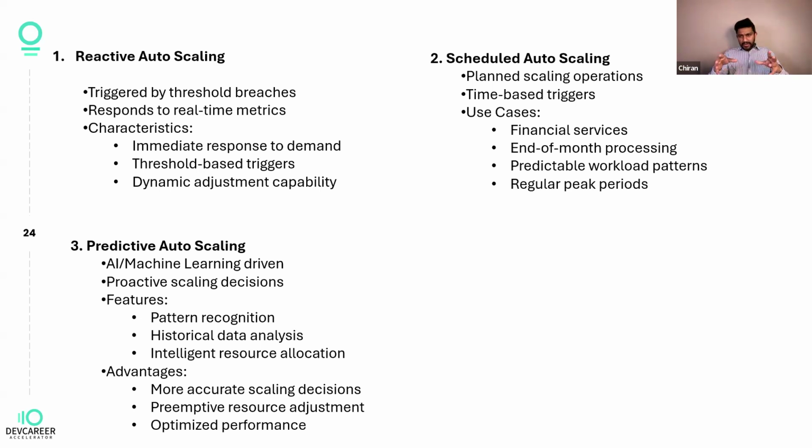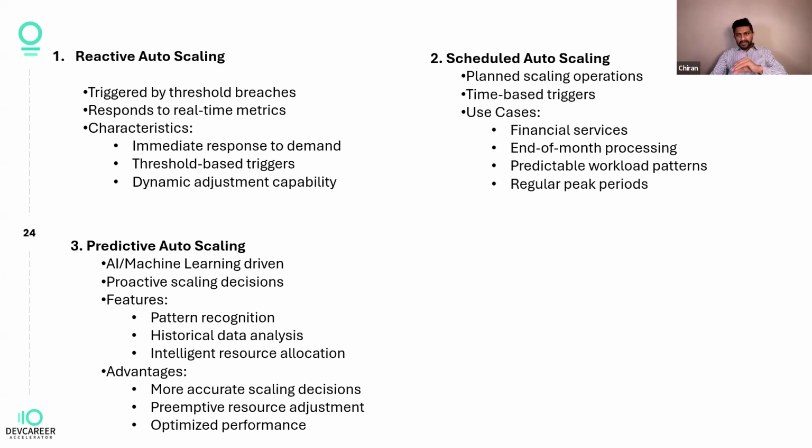So if you are in an online market, e-commerce, if you're working on advertising, during the Black Friday, you scale up. Even weeks before the Black Friday, you scale up your services through the Black Friday and through Christmas. And in January, you scale down. So these are scheduled auto scaling.